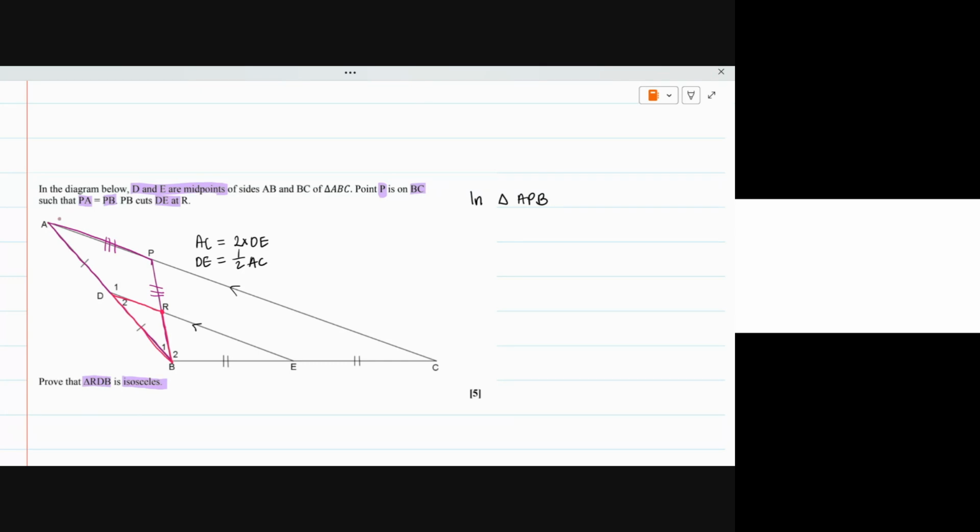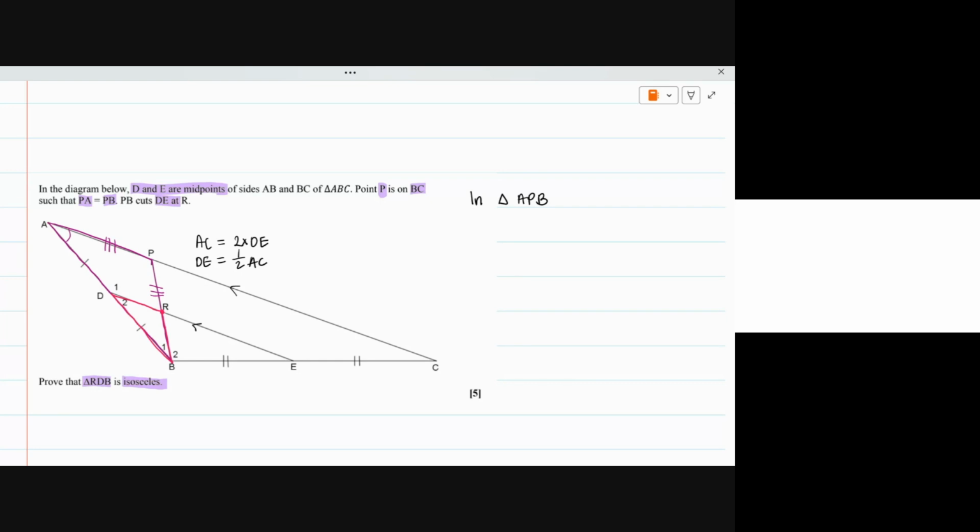If I know that AP is equal to PB, how does that help us if we know that it's an isosceles triangle? I know that angle A must equal what? Be more specific, guys.